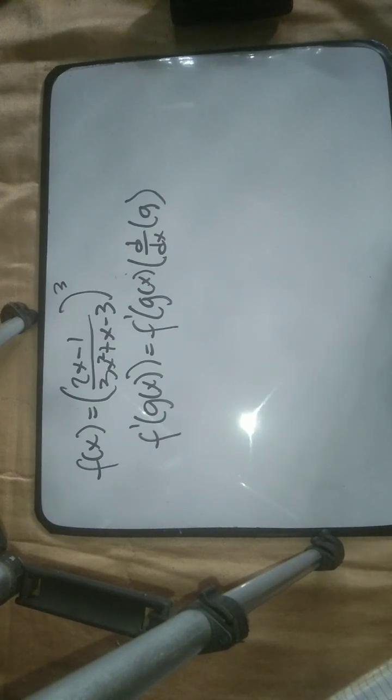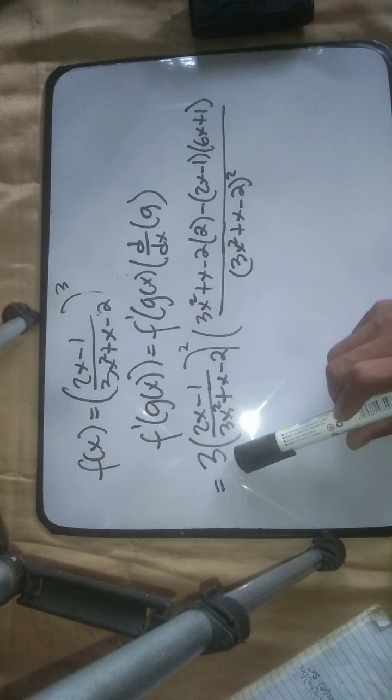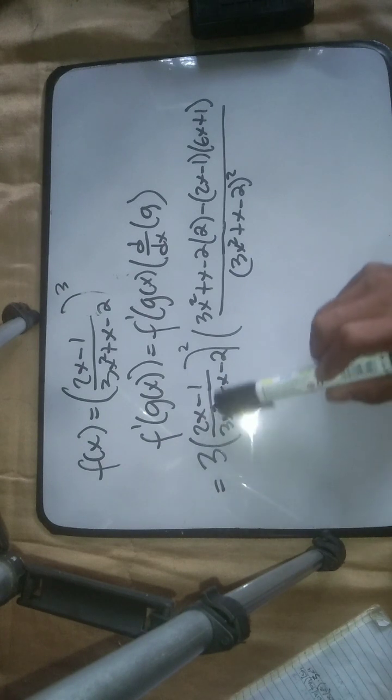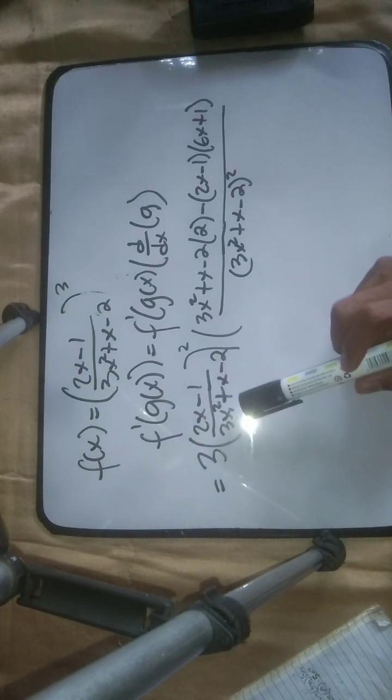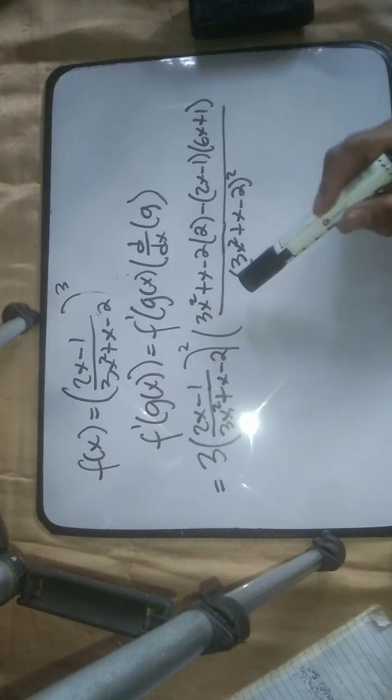So the last and final function is f of x equal to 2x minus 1 over 3x squared plus x minus 2, to the power of 3. We will use the chain rule in finding the derivative of this function. By using the chain rule, we will get 3 times g of x, which is 2x minus 1 over 3x squared plus x minus 2, raised to the power of 2, using the power rule.